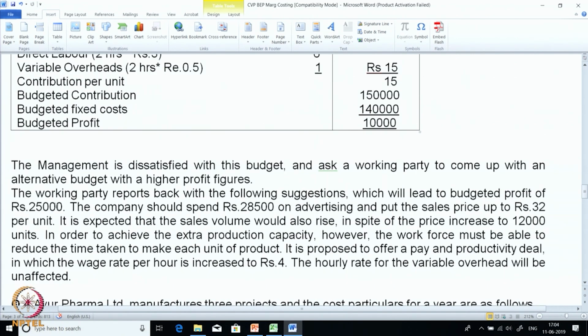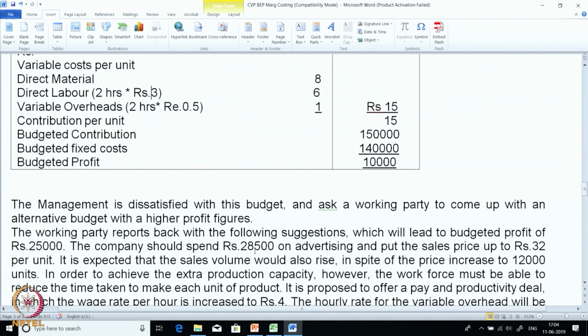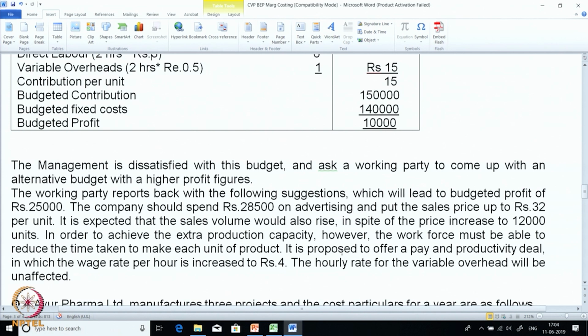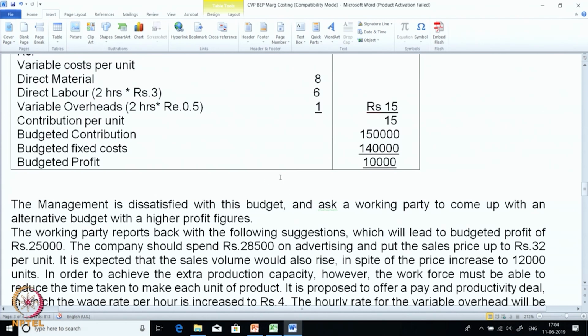They are saying that in order to achieve extra production, the workforce must reduce the time taken to make each unit. That means we are offering a pay and productivity deal. We are telling workers, we will give you more rate, we are increasing the rate from 3 to 4 rupees, but you cut down the number of hours to less than 2, then only we will give you 4 per hour. So this cannot be 2 into 4, this must be less than 2.